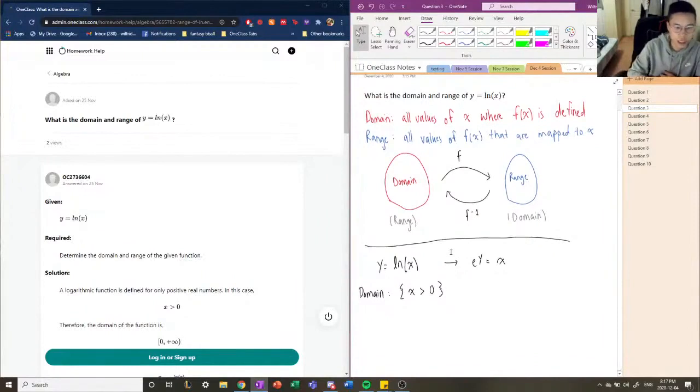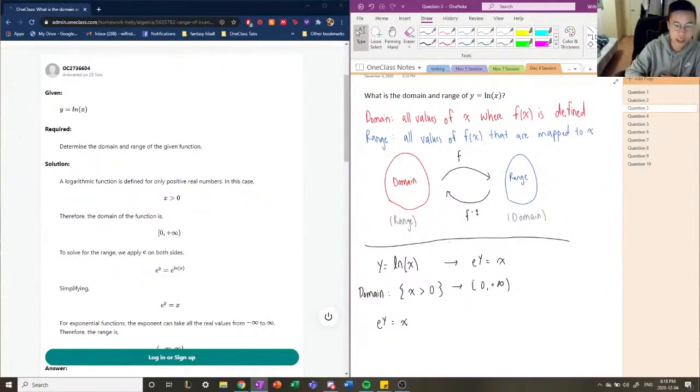So what about our range? I'm going to write the domain as this too. Okay, so what about our range? We're going to take the inverse function, which I already made here. So the inverse, if we apply e to both sides, is e to the power of y equals x. So what is the domain of this function here?